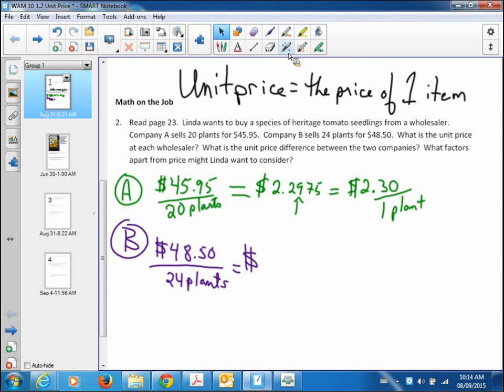You hit 48.50 divided by 24. $2.02 per one plant. You don't have to put one plant, you can just put per plant, but you need words in there. In this math course in general, you'll need words attached to your answers, and often a sentence.